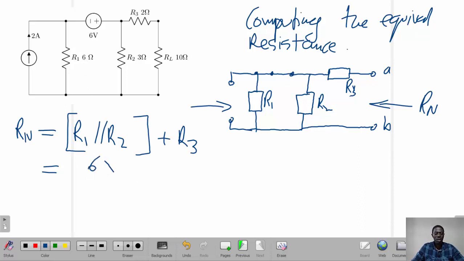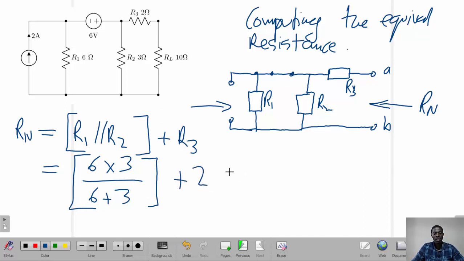To find the parallel resistance, it is going to be 6 times 3, divided by 6 plus 3. This adds to R3, which is a 2 ohm resistor, and you've got 18 divided by 9, which is 2, plus 2 gives us 4 ohms.